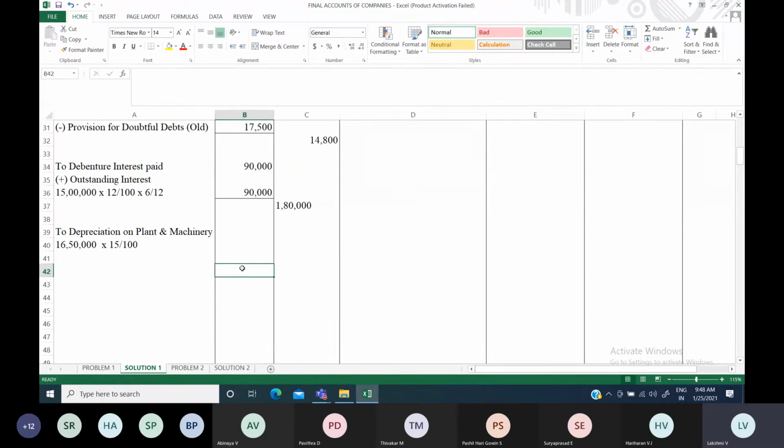But here you don't have any other item, so we can enter it in the final column. So 16,50,000 into 15 by 100, how much? 2,47,500, ma'am. 2,47,500. Okay.